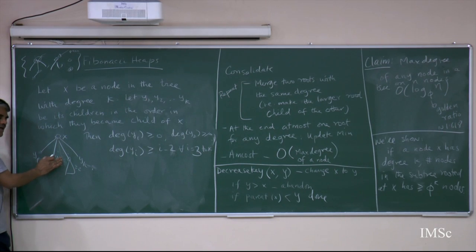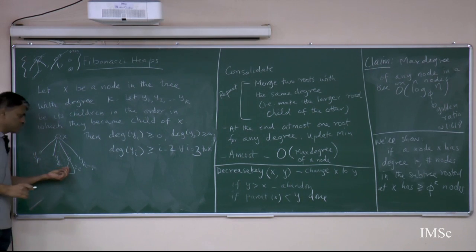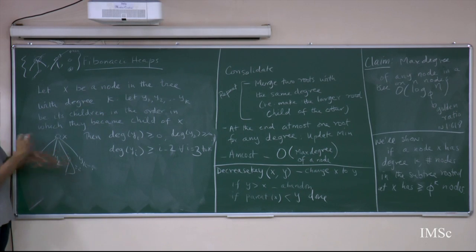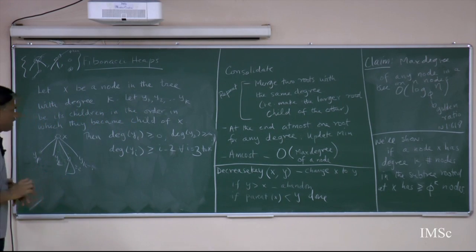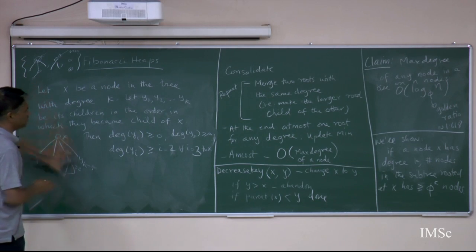So its degree is currently at least i minus 2. This is the crucial lemma. This is where we use the fact that we never allow more than one cut, and then everything else will follow. Okay. So now, this is the proof of this lemma.